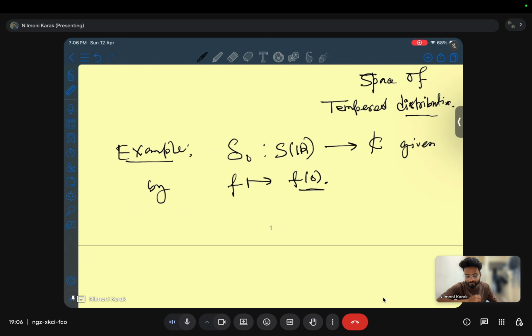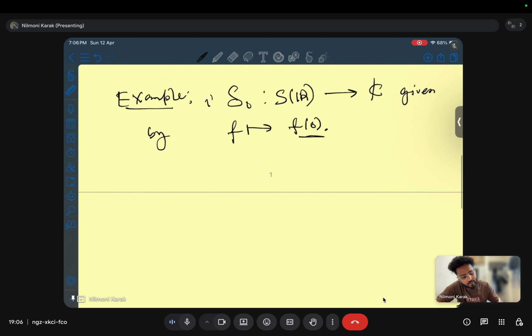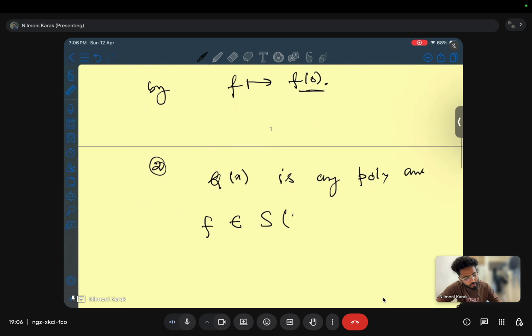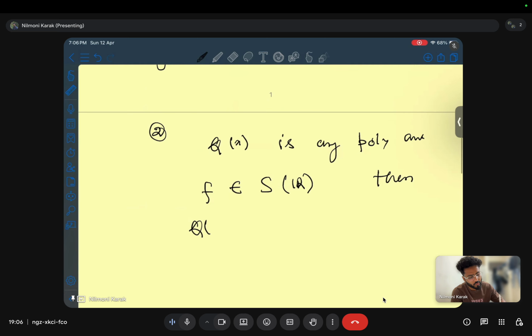More generally, for any polynomial q(x), and f any Schwartz function, q(x)f(x) is in S(R), because if you multiply by a polynomial it stays in S(R).